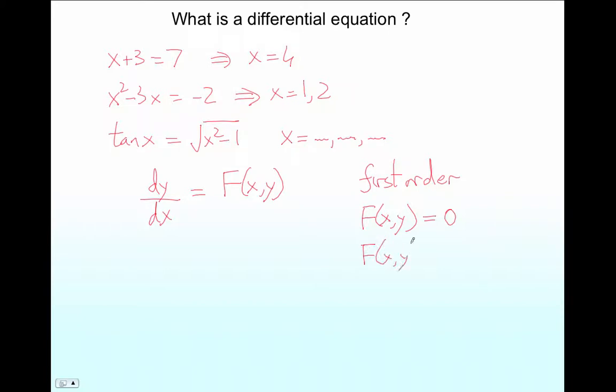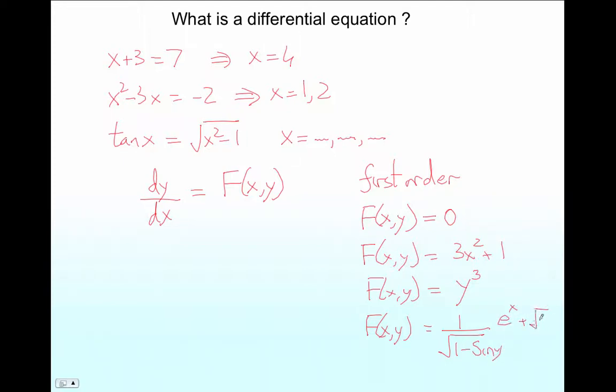It could be, just to give you some examples, 3x squared plus 1, or f of x, y could involve y, just plain y, to some power, let's say. Or it could be something very complicated. F of x, y is, let's say, 1 over the square root of 1 minus sine of y, times e to the x plus square root of x.